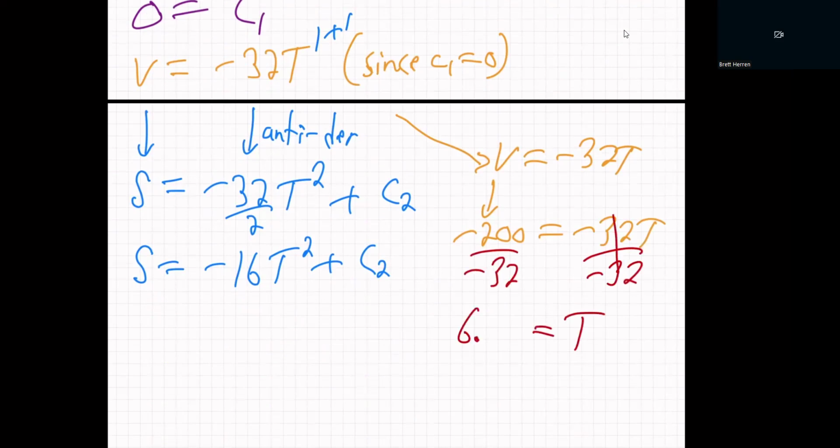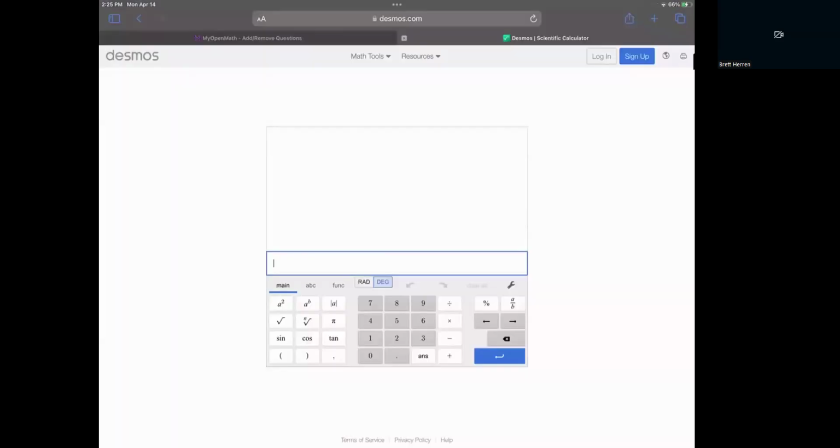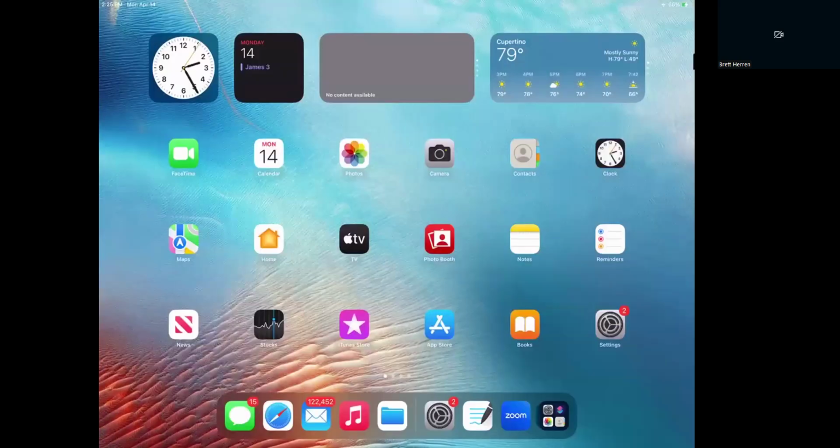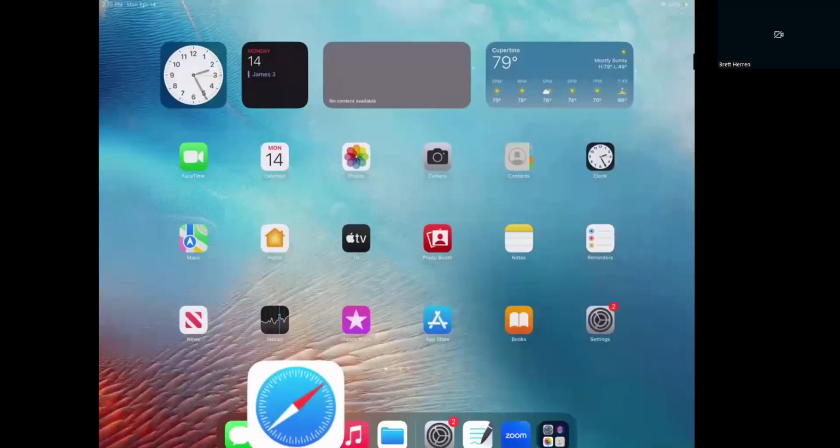T equals, you could type it into decimals. It'll be 6.25. Let me show you. So what is it? It's 200 over 32. 6.25. There we go.